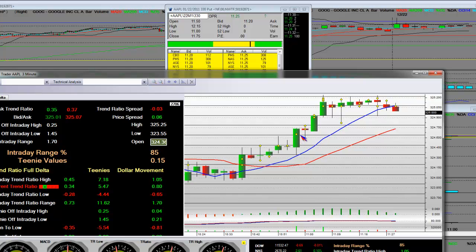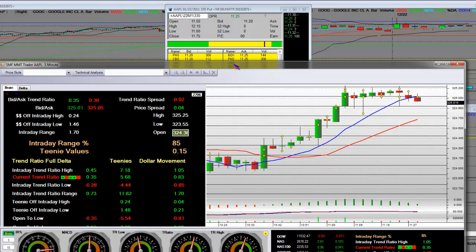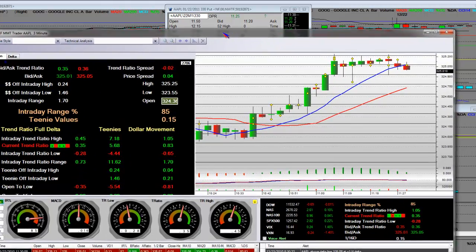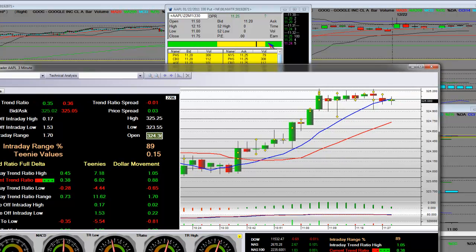It's the same thing I did earlier on Apple over here. But now we have a 330 put. We can see the print is 325.01 by 325.05. Here it is. And basically 100 put contracts bought at 1125.